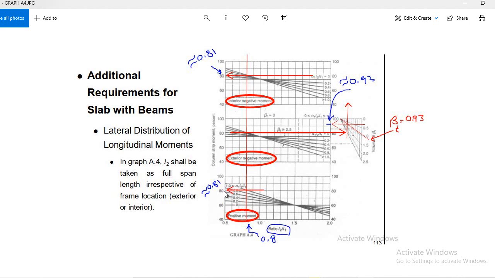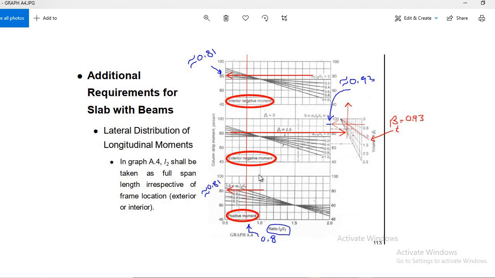Here you see this is a little bit higher than 80, so our value is 0.8 or 0.81, which is close to 0.81. Clear? So this is the first coefficient, for positive moment.